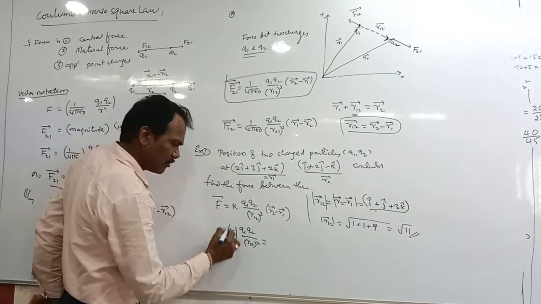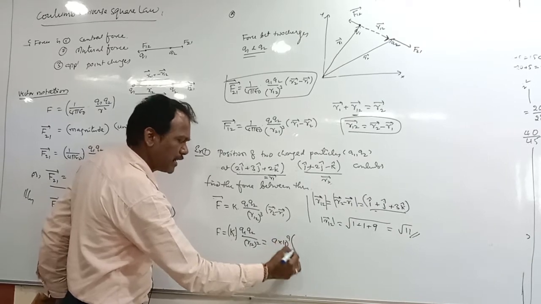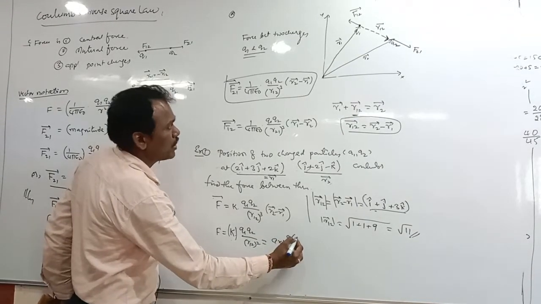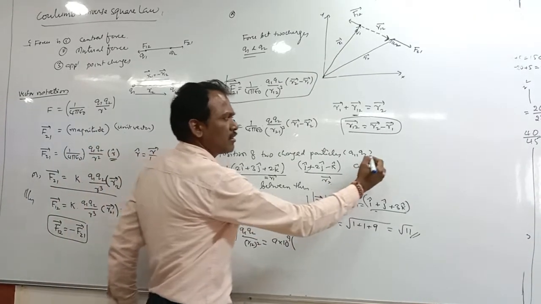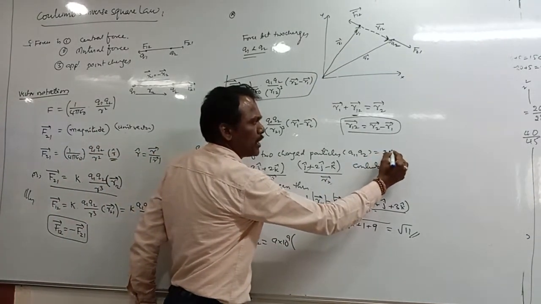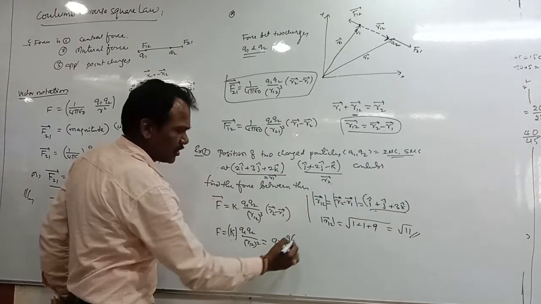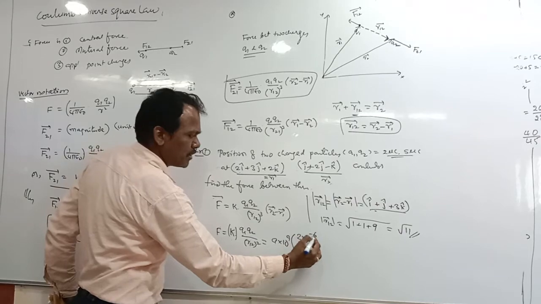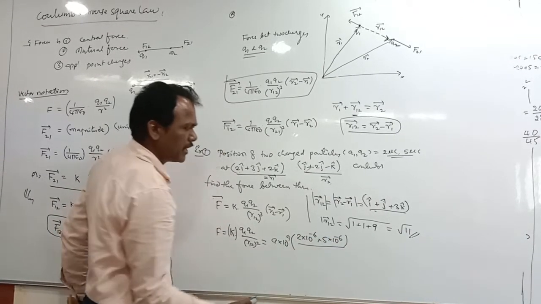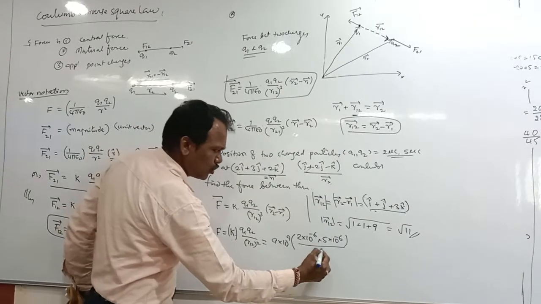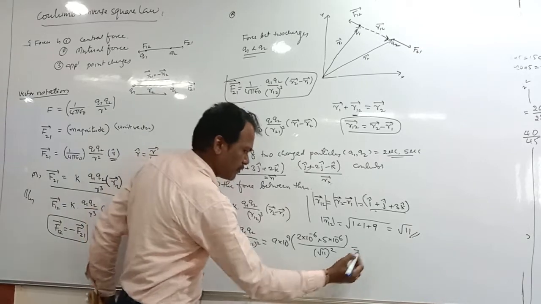Then what is the value of K? 9 into 10 to the power of 9. The magnitudes of the charges are given: 2 microcoulomb and 5 microcoulomb, right. 2 into 10 to the power of minus 6 into 5 into 10 to the power of minus 6 by root 11 whole square. What is its value here?